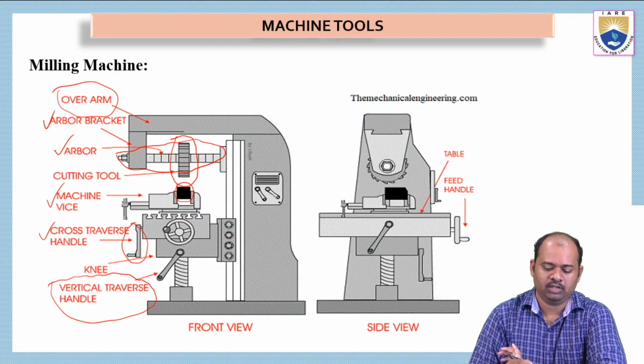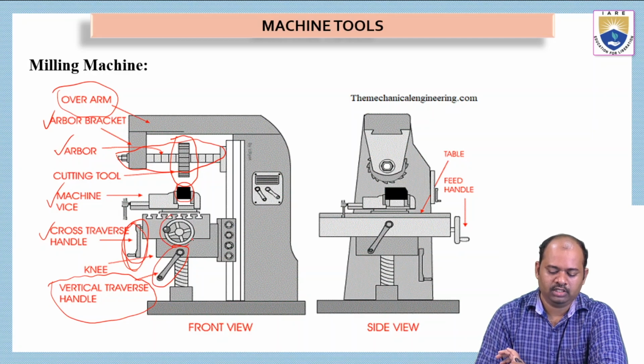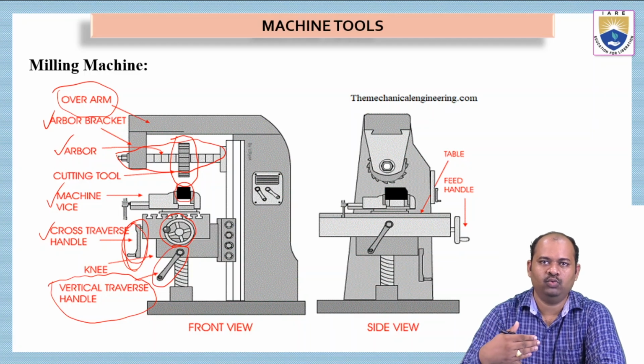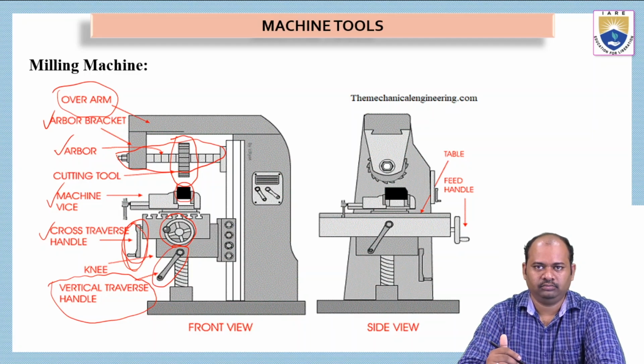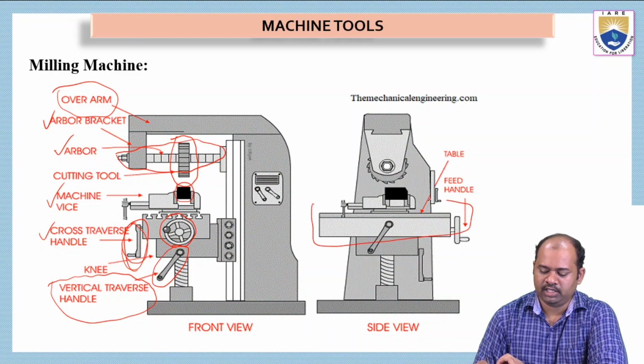And also we have the feed giving wheel, which is operated so we can give feed and move front and back. So these are the parts in the front view. And then in the side view we can see there is a table.